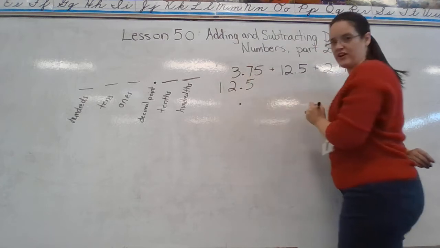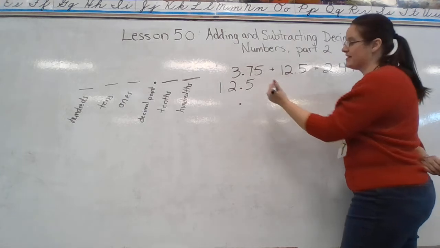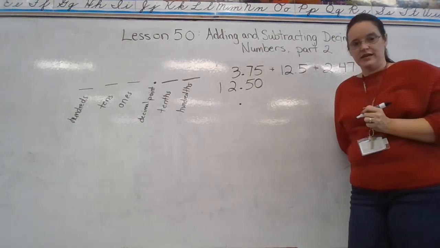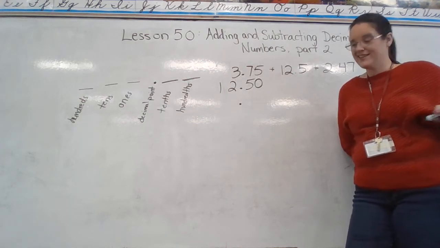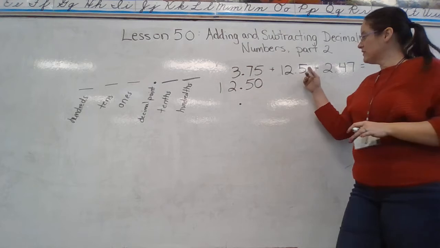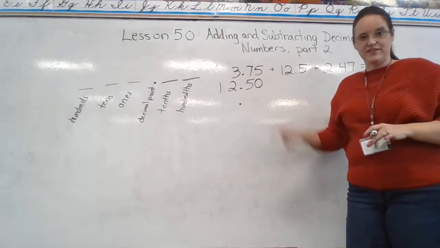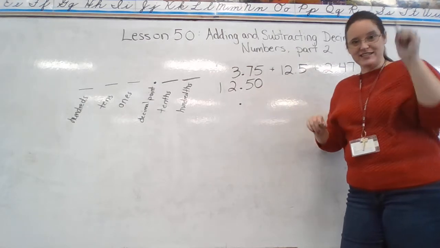So with 12 and 5/10, my decimals here, I have a 12 on this side, I have a 5 on this side, and there's nothing here. So here's my other trick. Let's put a 0 as a placeholder, because what digit tells us that there's nothing? 0. So if you have some blank space here, but you have more digits in another number that you're adding or subtracting, you can just stick that 0 in there.